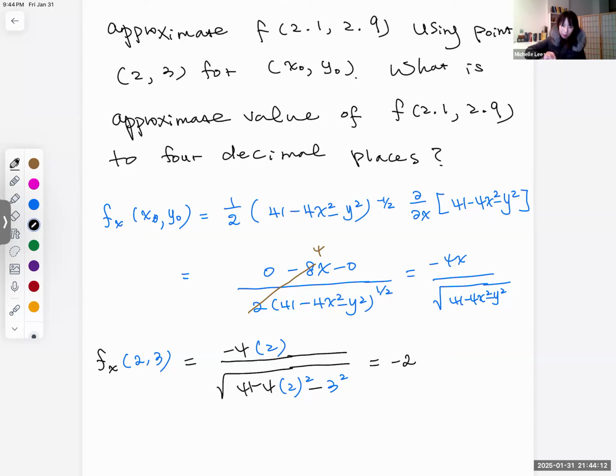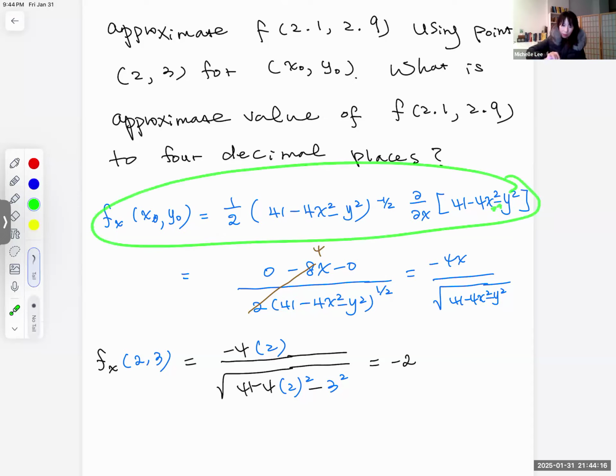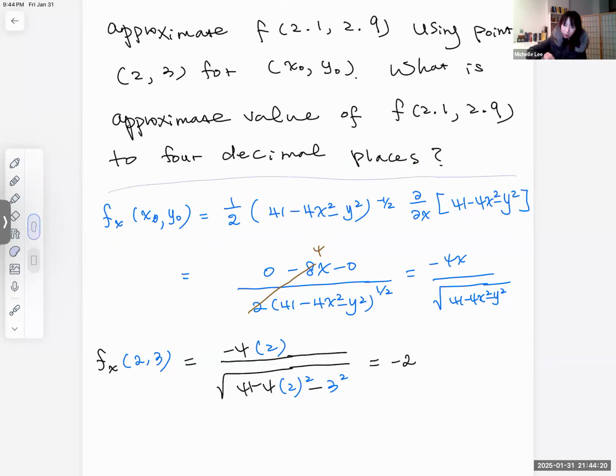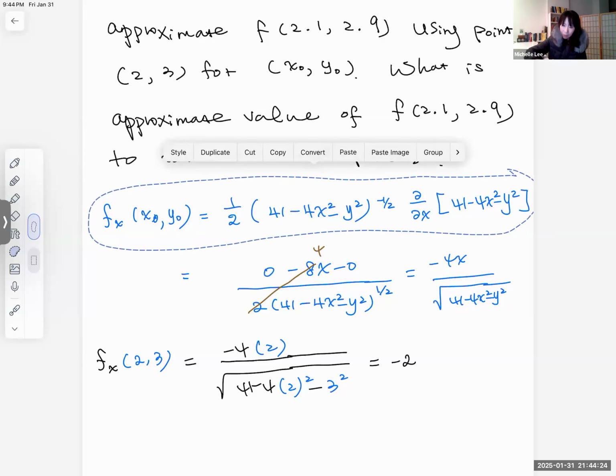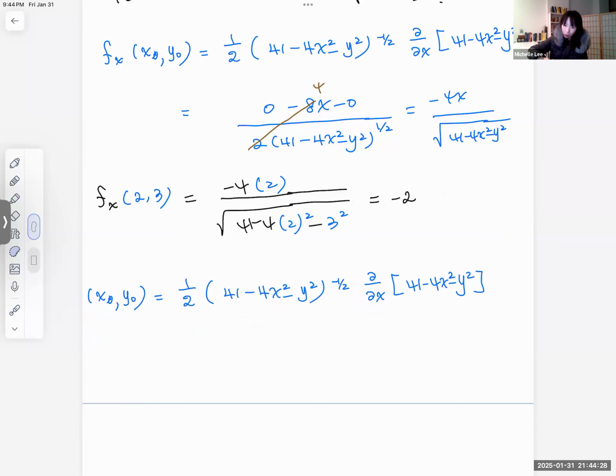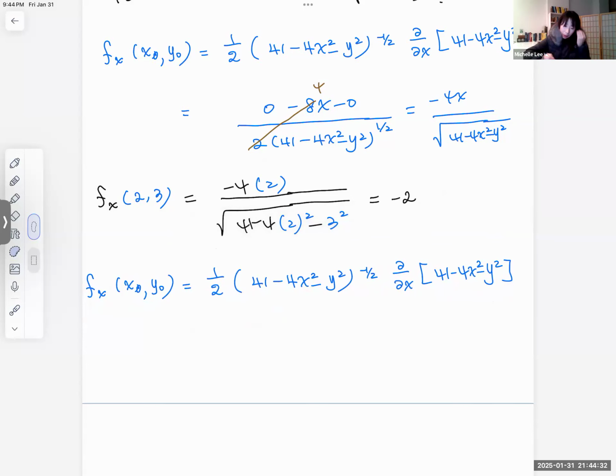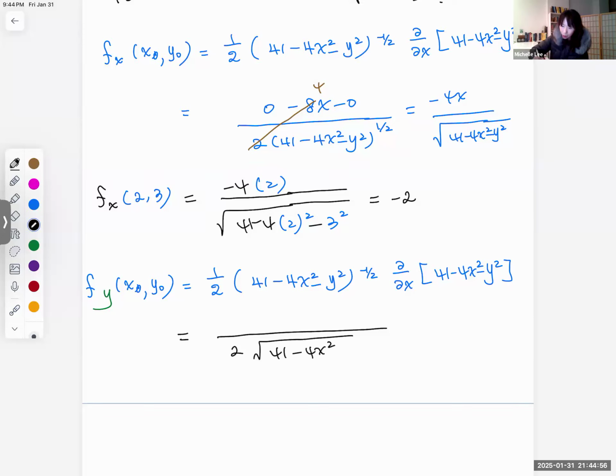Using the same approach, this will be 1/2 over the square root of 41 minus 4x squared minus y squared, and we want the partial derivative with respect to y.